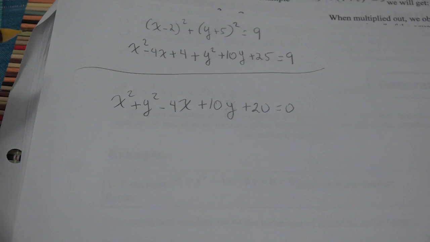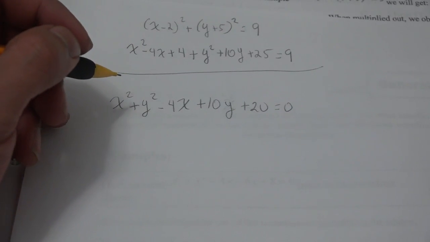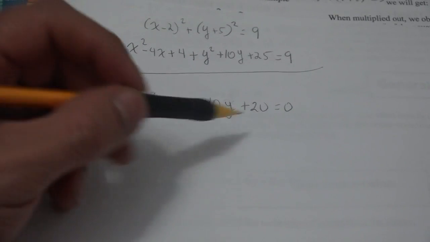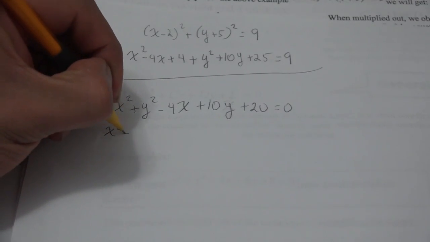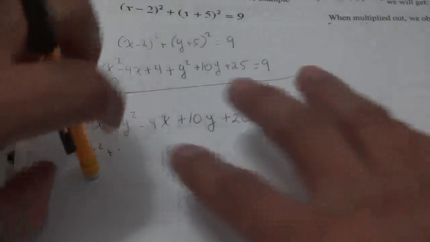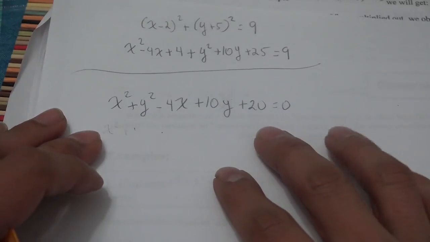Well, let's see. We use the method called completing the square. It says move the loose number to the other side. So first, let's rearrange this. Let's put all the x's together.